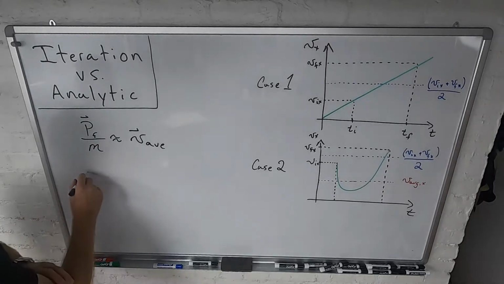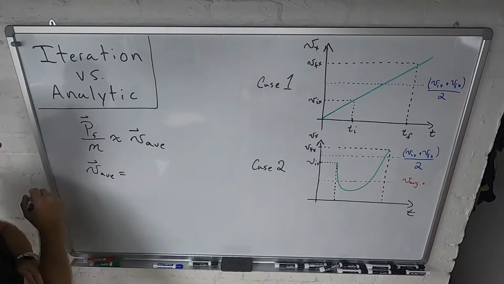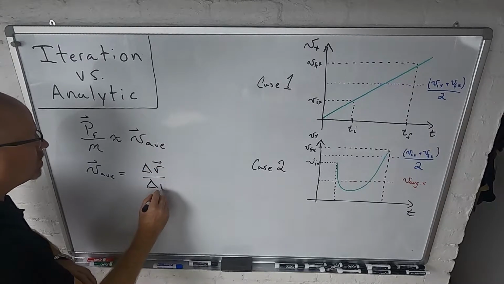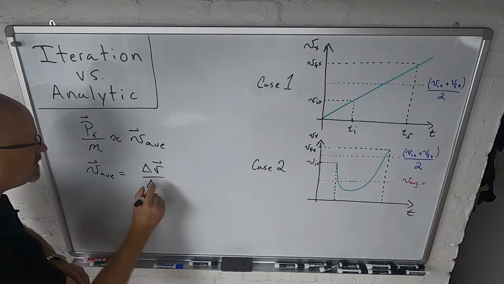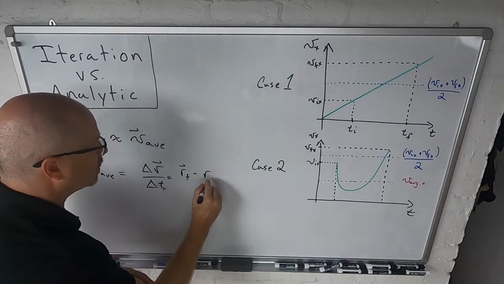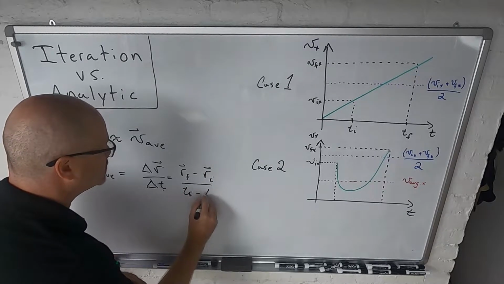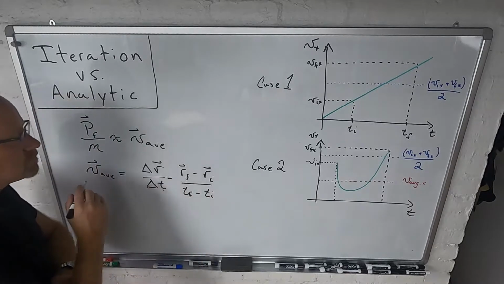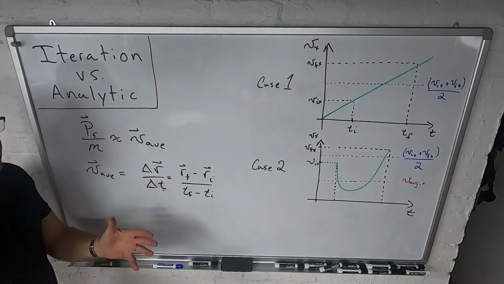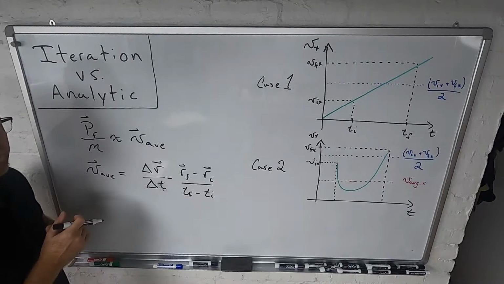Why wouldn't we just calculate the average velocity by doing our classic way, delta r over delta t, which would be r final minus r initial over t final minus t initial? The reason for that is because in the case of kicking a ball, we don't know where the positions will be.